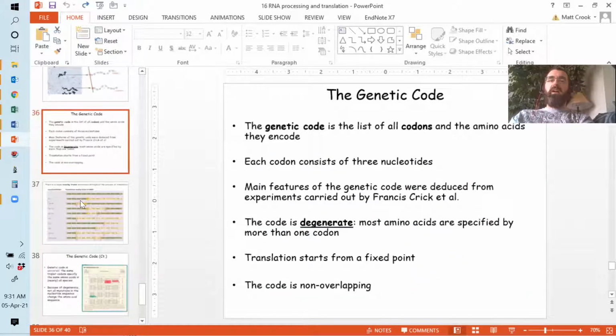So essentially, as you know already, the genetic code consists of all the codons and the amino acids that they encode. And this code is degenerate. What we mean by degenerate is that more than one tRNA or more than one codon can produce the same amino acid, right?